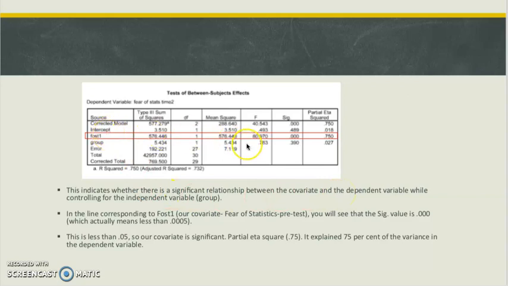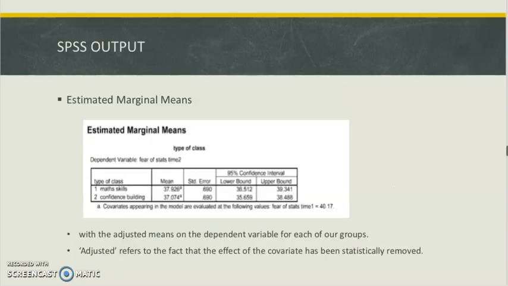So when you look at this line, you look at the significance value. The significance value here is 0.000, which actually means less than 0.0005. So this is less than 0.05, so our covariate is significant. Partial eta squared 0.75 explains that 75% of the variance in the dependent variable.